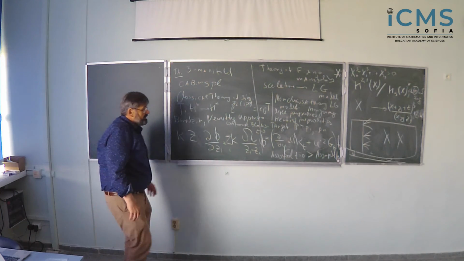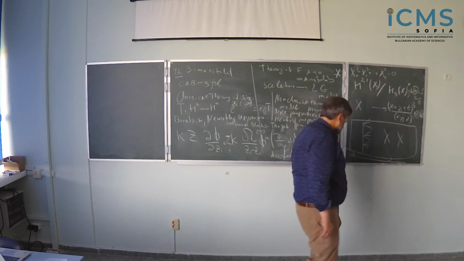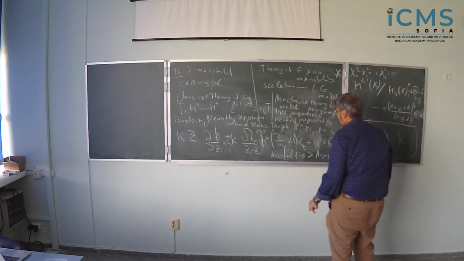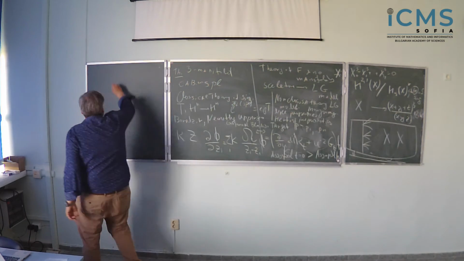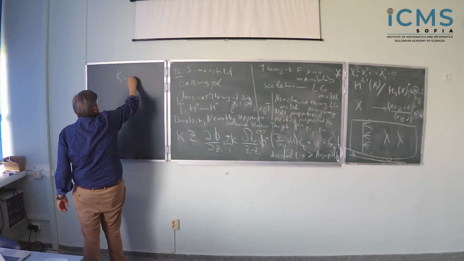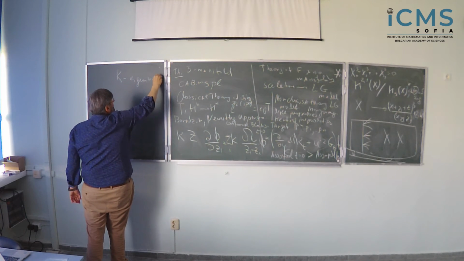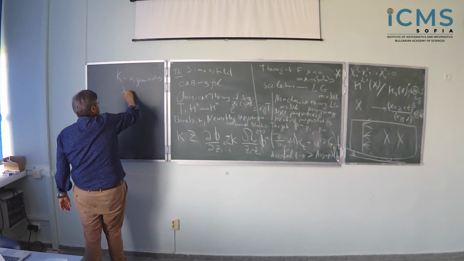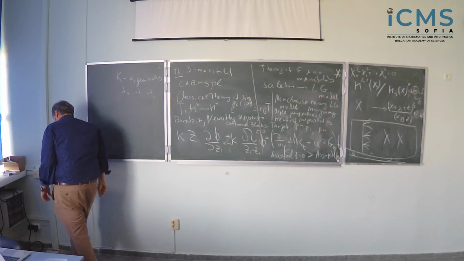So now, if I have a symplectic manifold, I can define for it the so-called quantum equation. So first I have the operator of quantum multiplication by the canonical class, and in this case its eigenvalues are lambda 0, lambda 1, lambda 2 in this particular case.